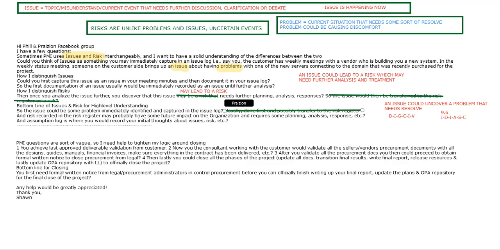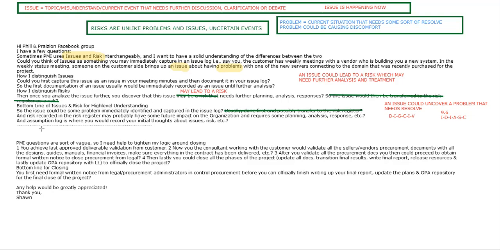Problems, these are happening now, they're causing discomfort. Issues, also happening now, which need further discussion or debate. All right, you went further to say, the risk recorded in a risk register may have some future impact in the organization. And absolutely, a risk does need further analysis.